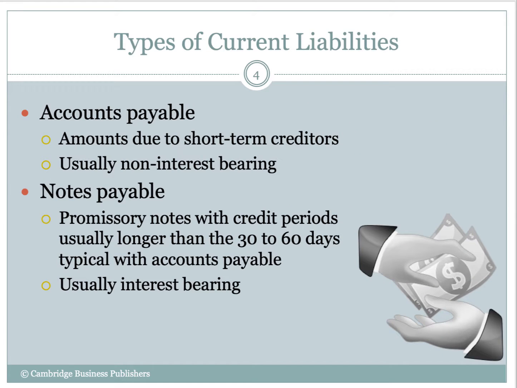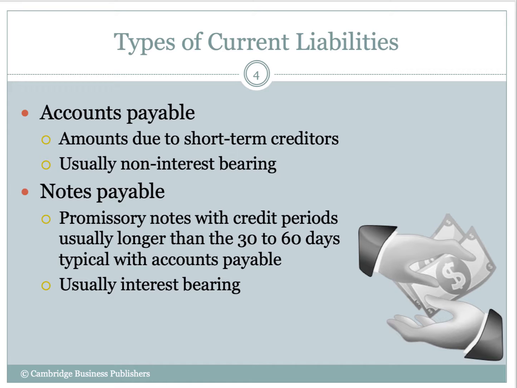Okay, so when we're looking at current liabilities, we're looking at accounts payable and notes payable. There is a difference between the two. Accounts payable are amounts due in the short term to creditors, right? We buy something on account, so we order supplies on account.